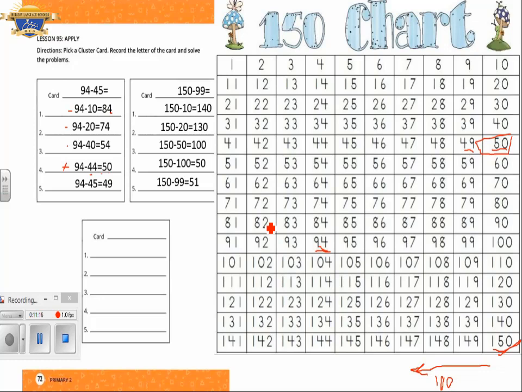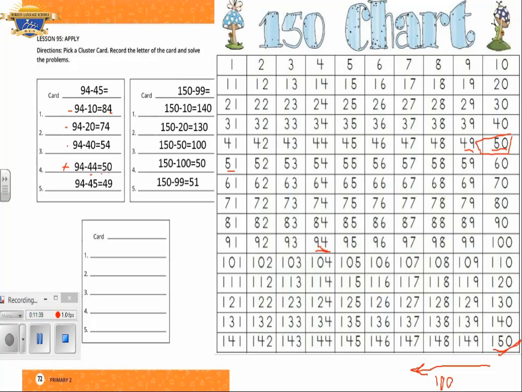So the steps here is 1 less than 100, أقل من 100 by 1. So the answer will increase by 1. So my answer will be 51. Right? Okay.